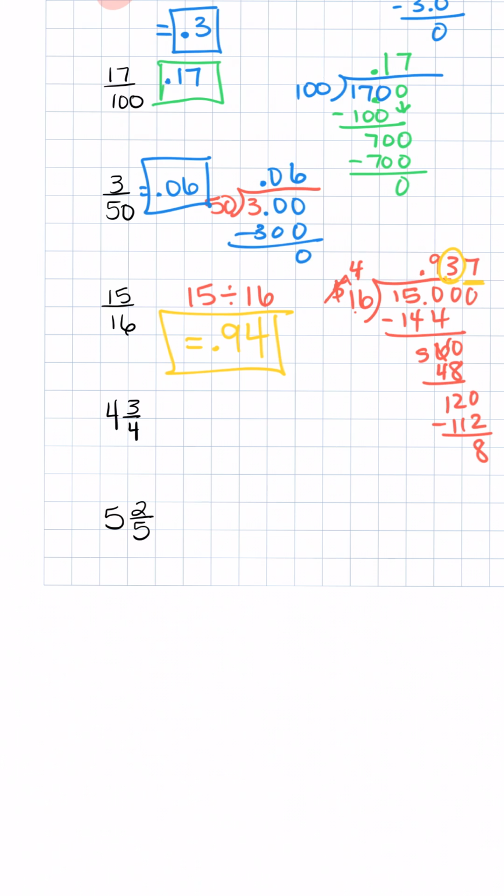Okay. So now it does get a little trickier when you do have a mixed number. So what we want to do is convert this into an improper fraction. So 4 times 4 equals 16 plus 3 equals 19 over 4. And then divide 4 into 19.